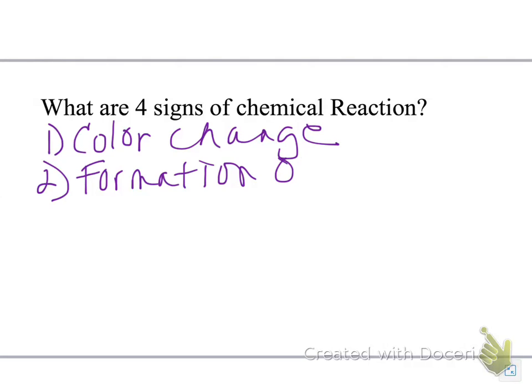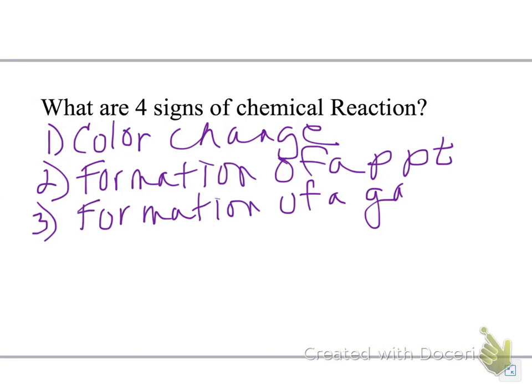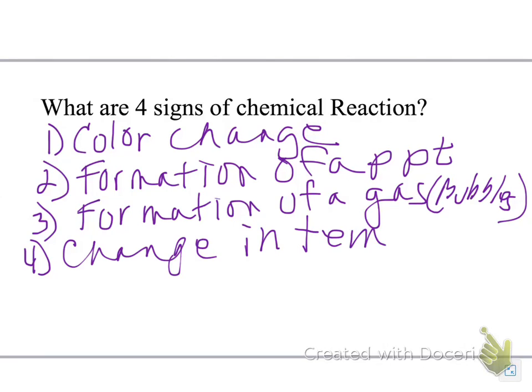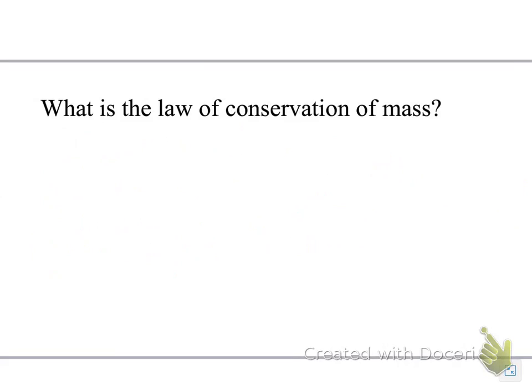We could form a precipitate, which means we have a solid or something that actually looks cloudy when I mix two solutions together. I can form a gas, and what I'll actually see there is bubbles, especially if it's in a liquid. And the last one is a change in temperature, which is usually an indication that you have a chemical reaction going on, although sometimes that can be a physical change.